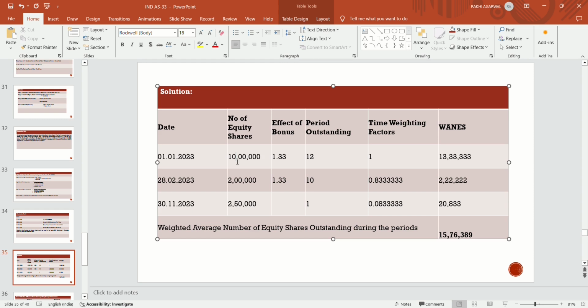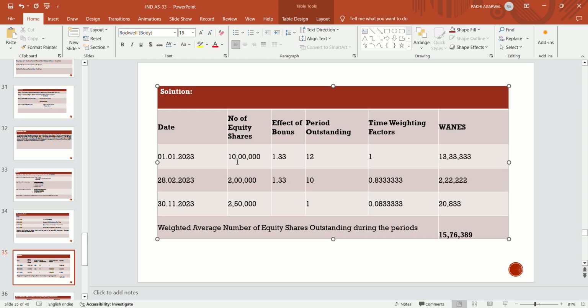So in this case, 10 lakh into 1 divided by 3. The opening shares are outstanding for a period of 12 months, so the time weighting factor is 12 by 12, that is 1. So 10 lakh divided by 3 into 1 for a period of 12 months, 3,33,333 is the bonus, plus existing shares of 10 lakhs, so 13,33,333 is the weighted average number of shares at the beginning of the period.